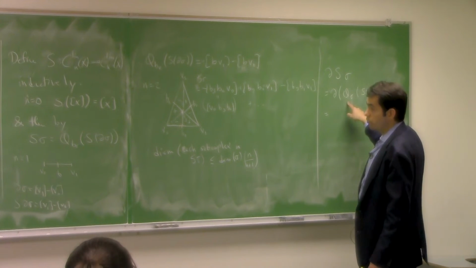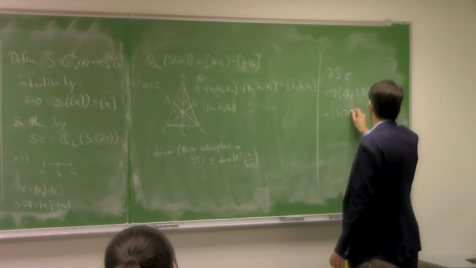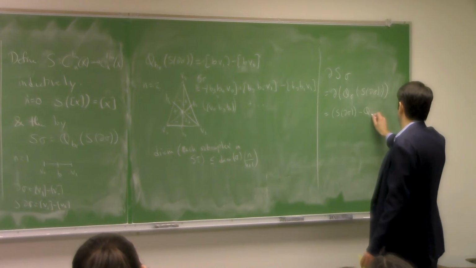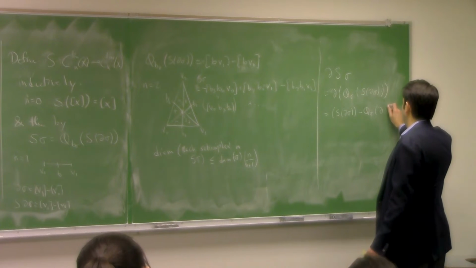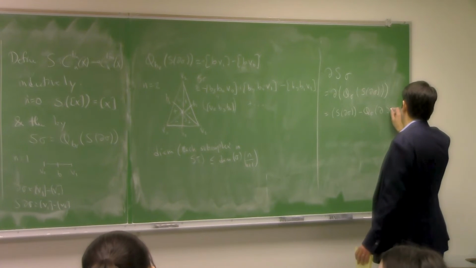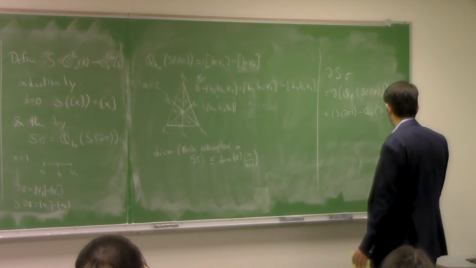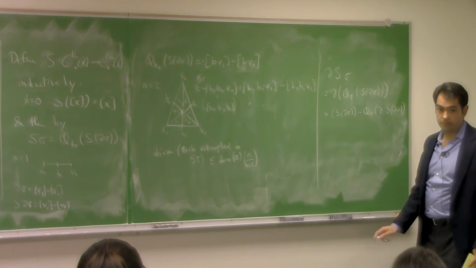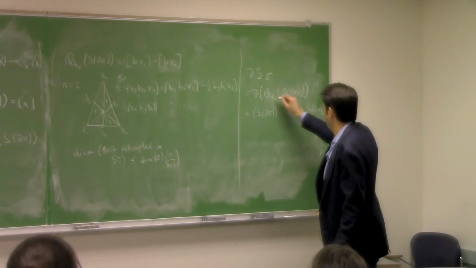When you hit Q, you get the identity minus Q sigma of the boundary. Thank you, QB sigma is what I meant to write.